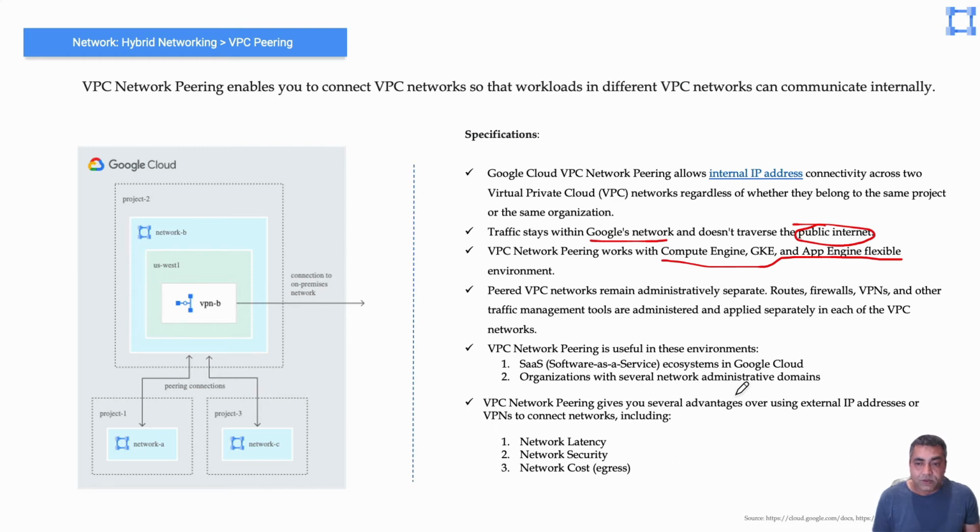So over using external IP addresses, it gives you a benefit in terms of network latency because it's faster, network security because the traffic stays within Google's own network, and networking cost, egress.